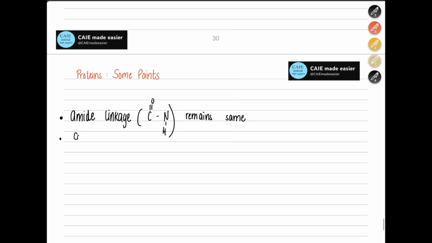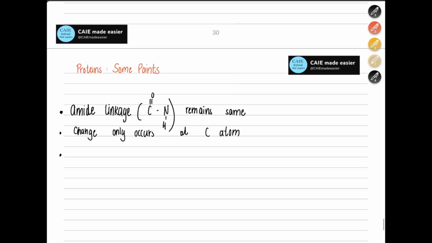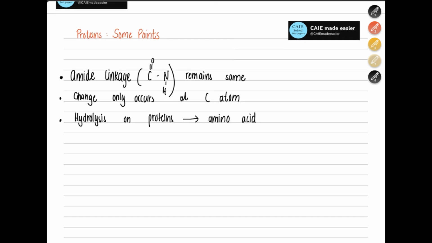Now what happens if we want to break down the protein? If we do hydrolysis, we get amino acids. Actually, this is true for any polymer made by condensation polymerization. If we do hydrolysis, that means we add H plus and OH, water, we get the monomers.